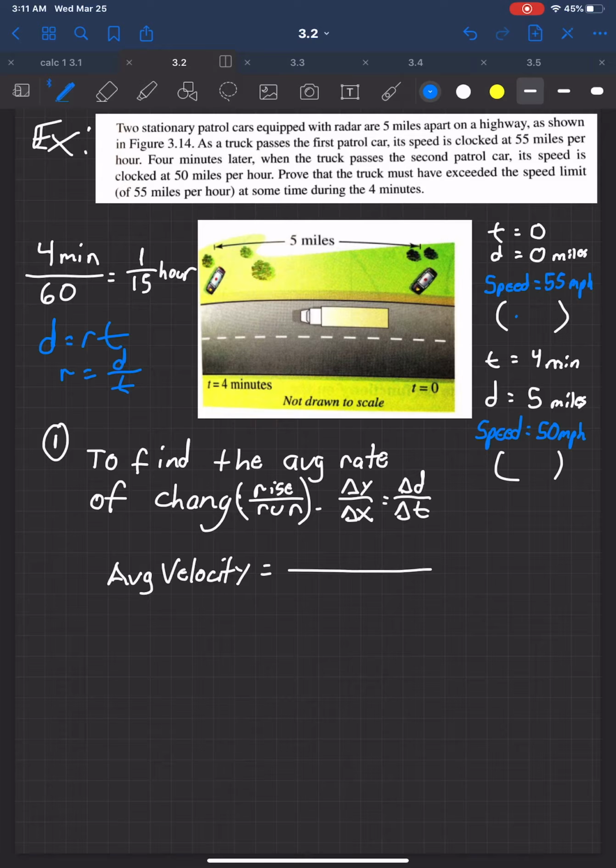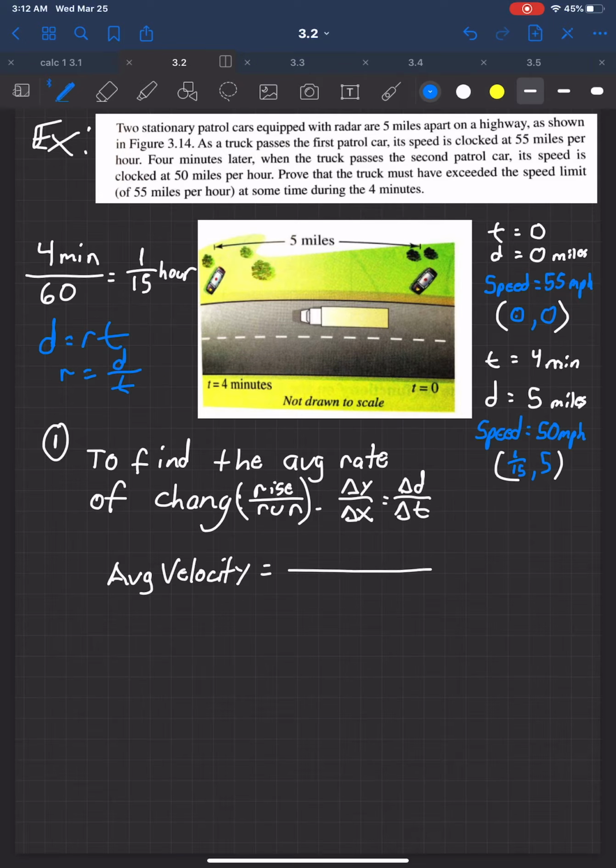So in this case, at time 0, distance is 0. Now, at time 4 minutes, which we're going to write as 1/15, distance is 5.